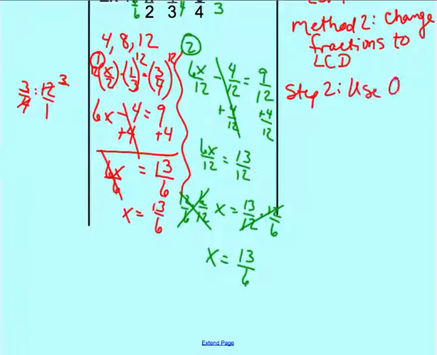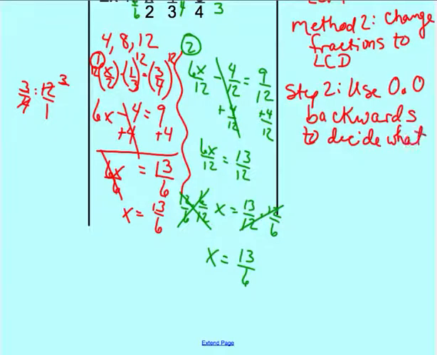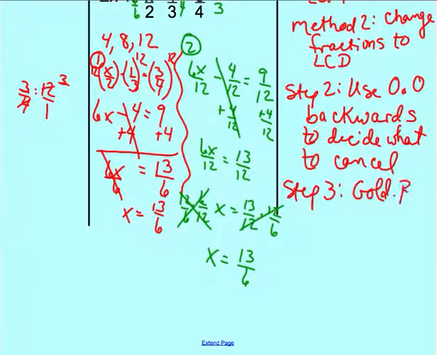So we used order of operations backwards to decide what to cancel. Step 3, we used our golden rule. And step 4, we need to repeat as needed.